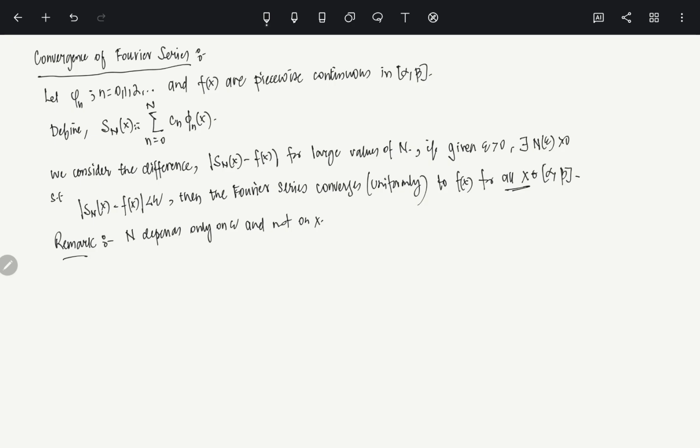Right. So now let's look at a definition. Let me write down the definition, and then I will try and explain what I am trying to do here.